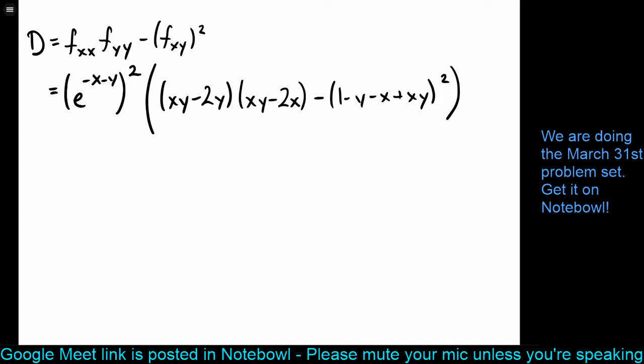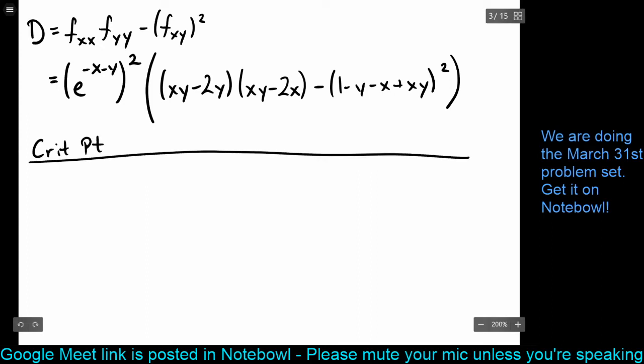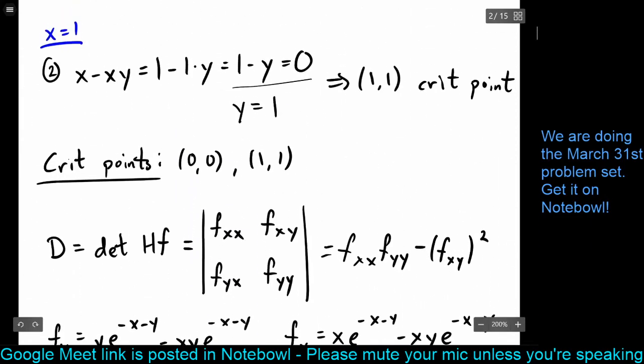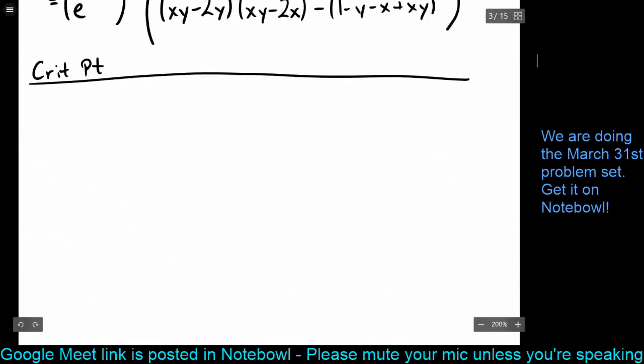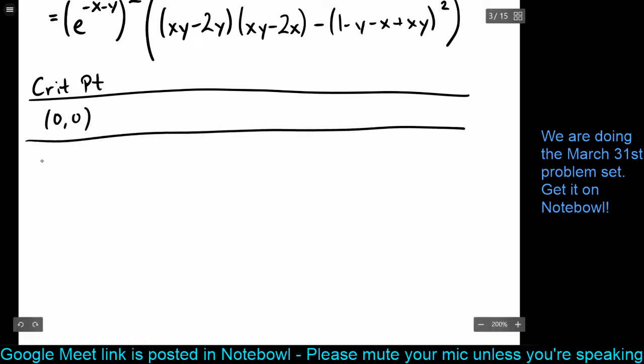What we need to do to classify these critical points is I like doing this in the form of a chart. So I have my critical point. In this case, what did we have? 0, 0, and 1, 1? Yep. All right, so let's list out our critical points. Here we have 0, 0, and 1, 1.